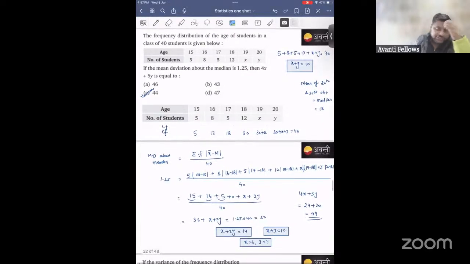This question was in JEE Mains this year only, and this was an easy question. Moreover, the same type of repeated concepts are coming again and again. Mark my words, this is an easy chapter.